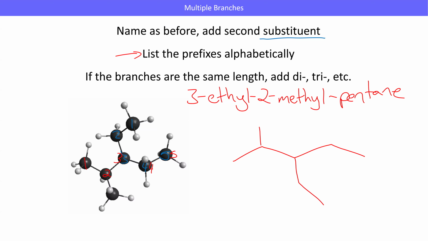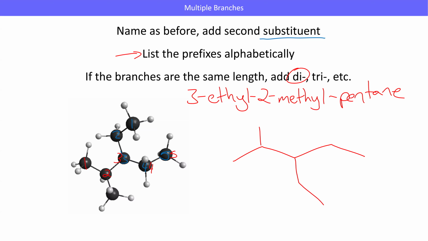And different textbooks, when we start adding di, like if we had dimethyl, do you alphabetize that as D or M? Depends on which textbook you read. So I'm really not worried about the alphabetization. Maybe they've unified that a little bit since I first started teaching this class.